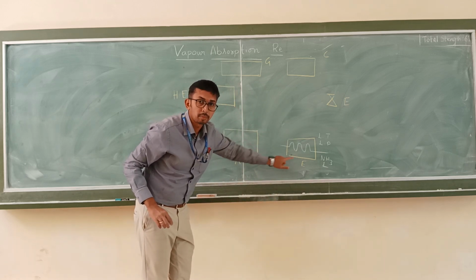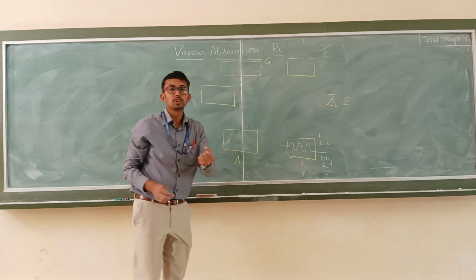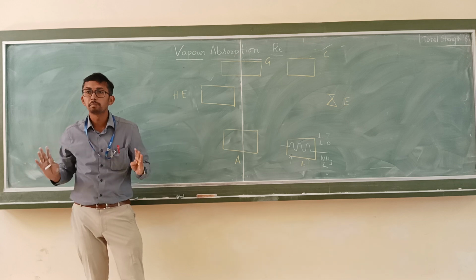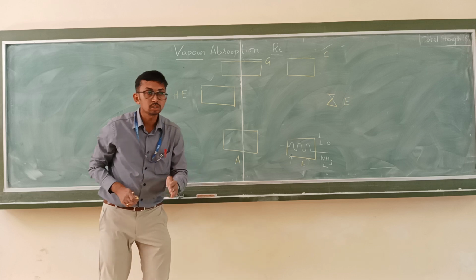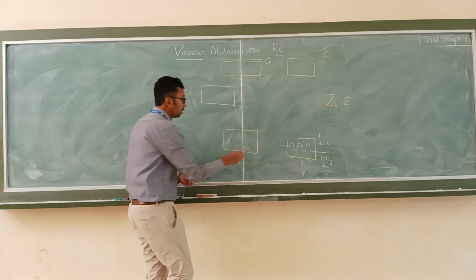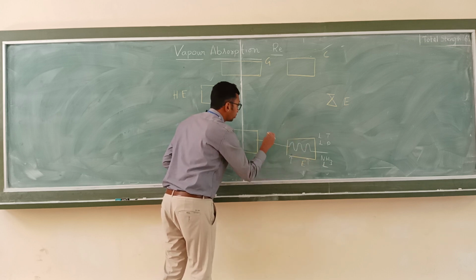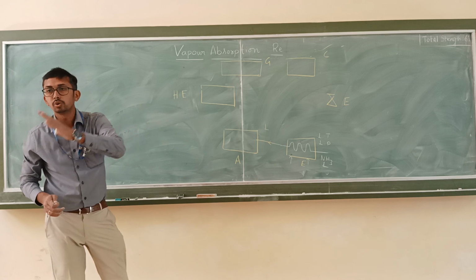What happens in the evaporator? The heat will be extracted from the cabinet or wherever it is placed. Ammonia undergoes phase change from liquid to vapor.